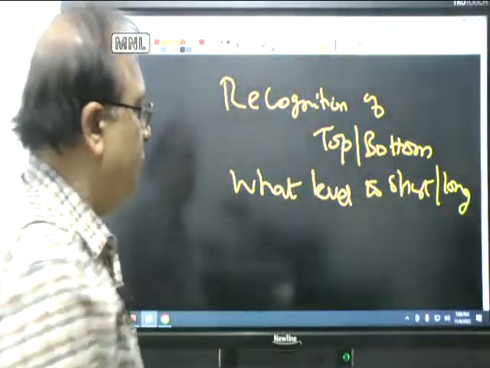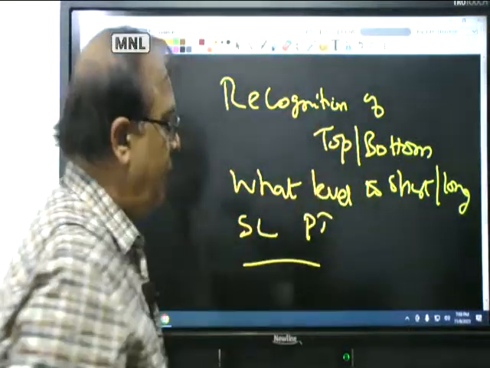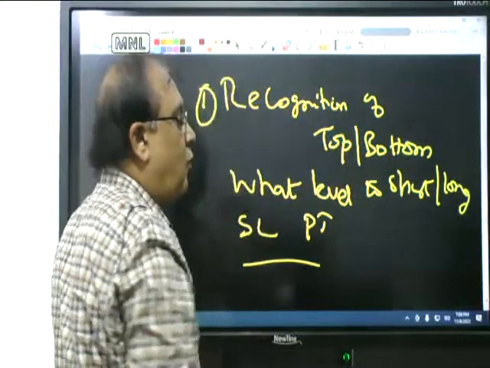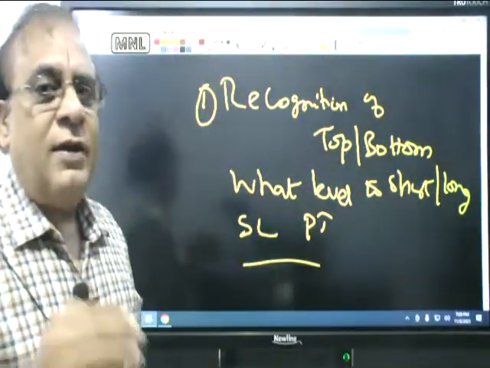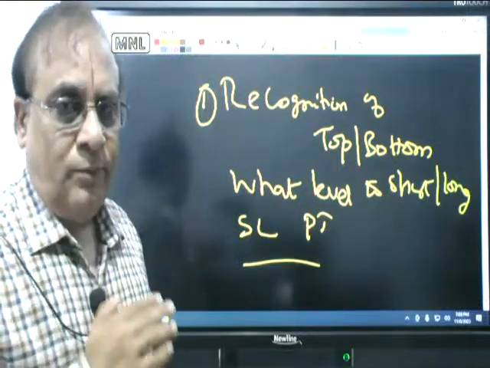Then of course comes the stop loss, profit target and all. So this is a trading plan. One of the important points that we have recognized first is recognition of top or bottom in the trading plan. Now we have recognized, in an hourly chart, that from now onward there is a chance that Nifty can fall.